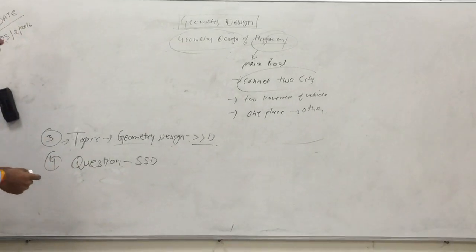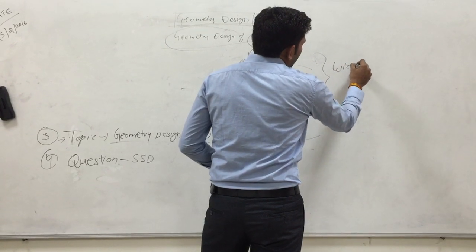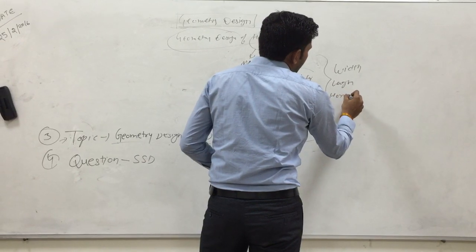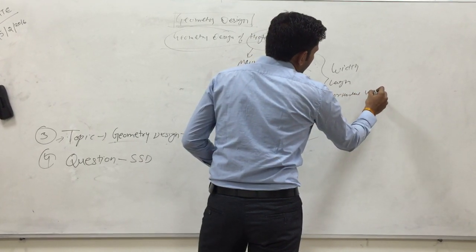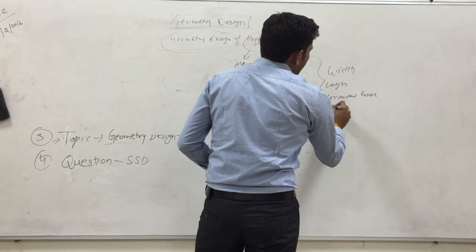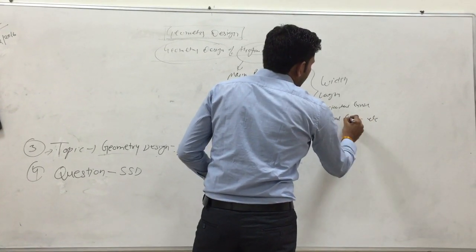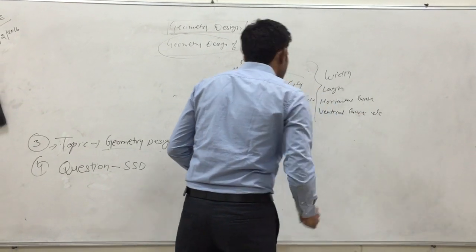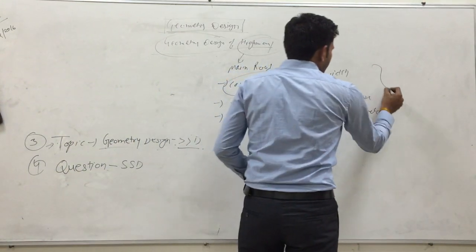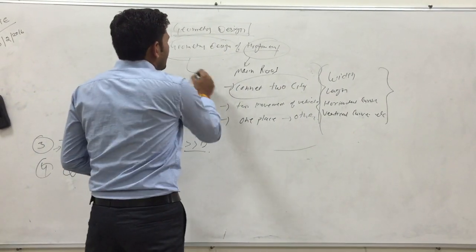And in a highway there are many elements like width, length, horizontal curve, vertical curve, etc. So the designing of these elements is geometric design.